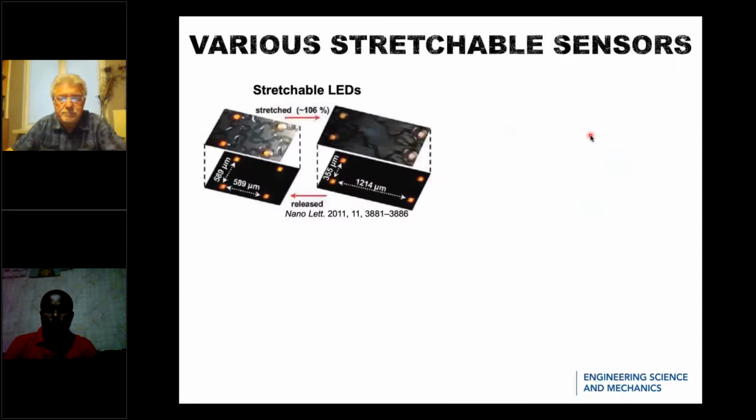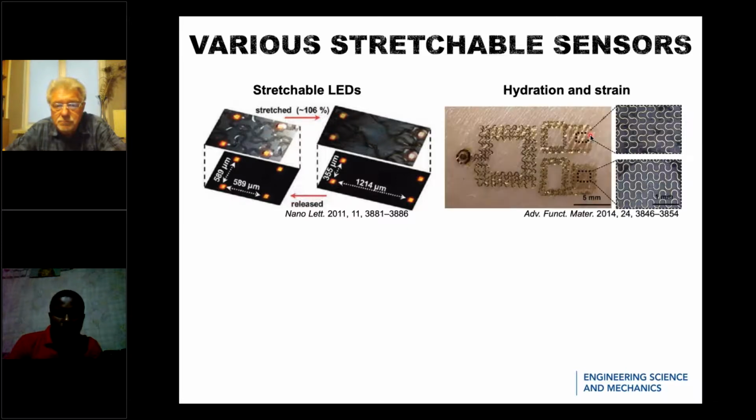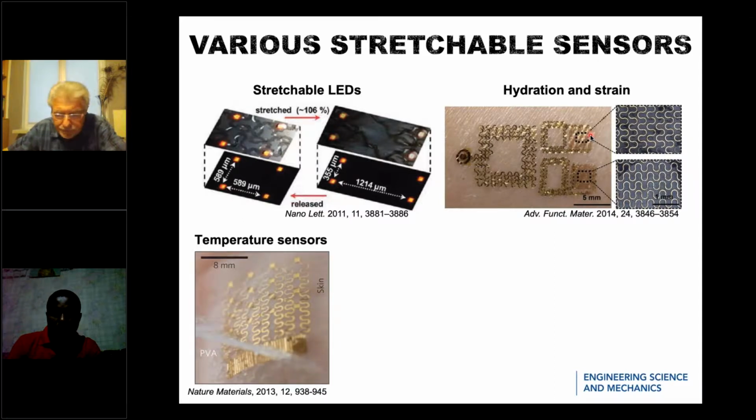And if we simply replace all of the previous sensors, say the battery with LEDs and a few others, we'll be able to design the ultra stretchable LED and strain and hydration sensor to capture the possible deformation, respiration, and the skin hydration level through a wireless measurement. And we can also do that for a temperature sensor to capture early infection, say from COVID-19 and a few other different disease applications.